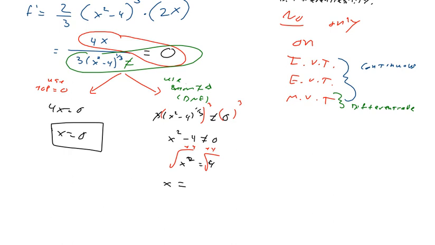There's something about a square root I've got to remember. Yes, thank you, and a negative square root. Plus and minus 2. So I have 2 more critical values. Very good. So 0, 2, and negative 2. Those are my critical values for this part here.